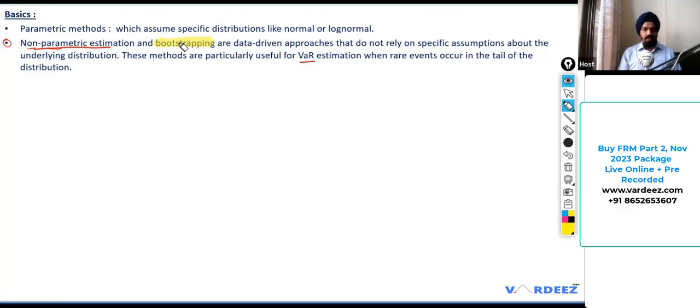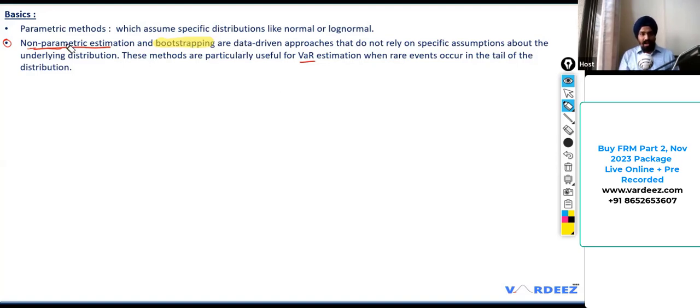You can think about it from level 1, the chapter on simulation and Monte Carlo. There, we had a bootstrapping method wherein we have a huge data set, the entire population, and we take out some samples and then we put those samples back into the data. That's what we are talking about here.